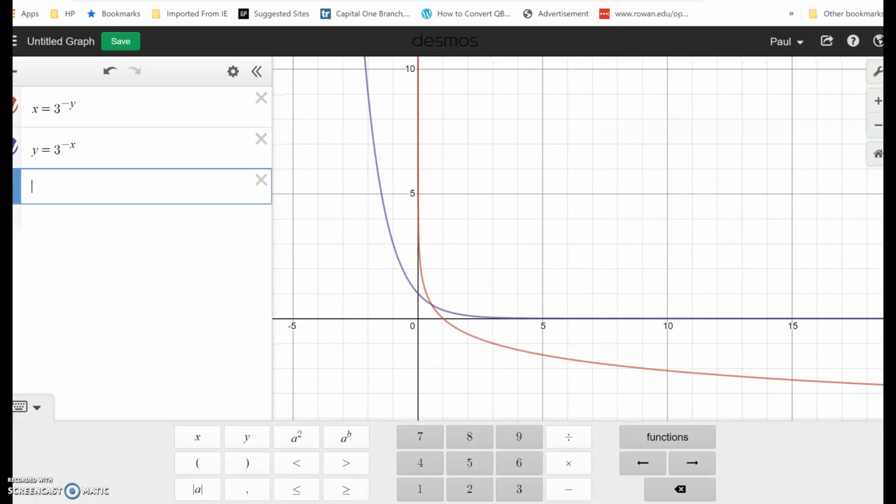And then let's plot y equals x, because inverses are always symmetric about y equals x. So do you see some symmetry here? Are those possibly inverses? Well, they might be. We don't really know, but we suspect.